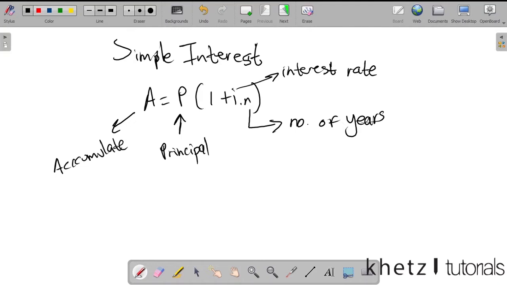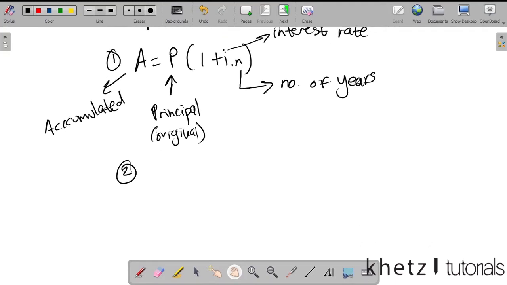This first one is to find a new value A, which is accumulated over time after multiplying the number of periods or years by the interest, and adding that to your original value, which is your principal.